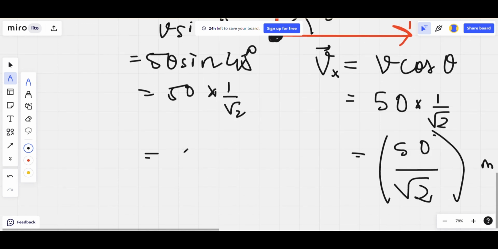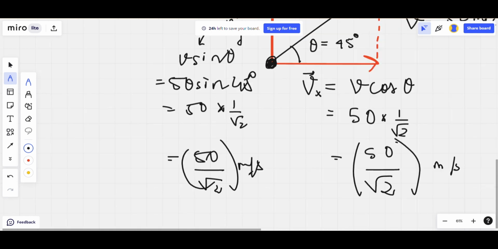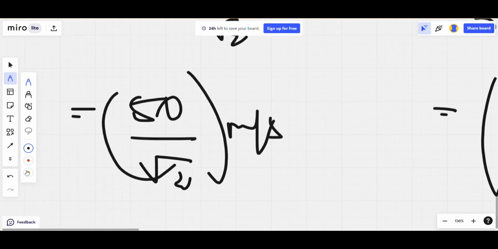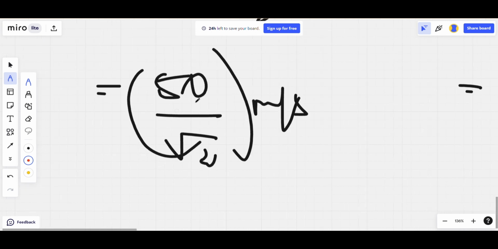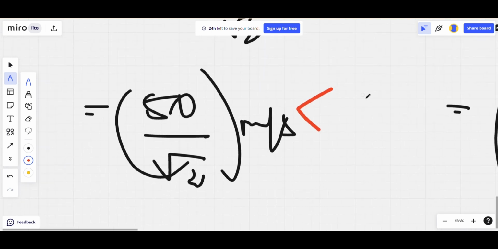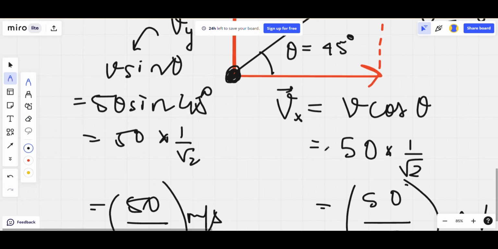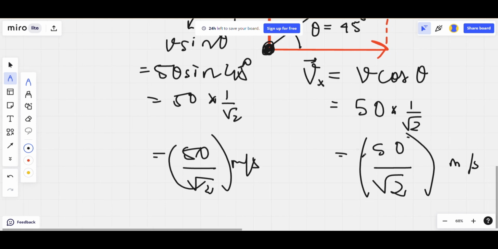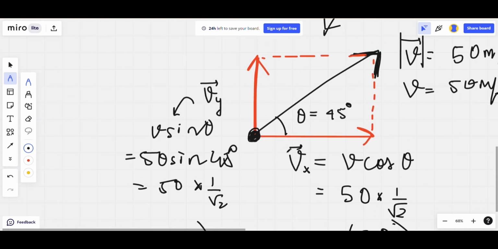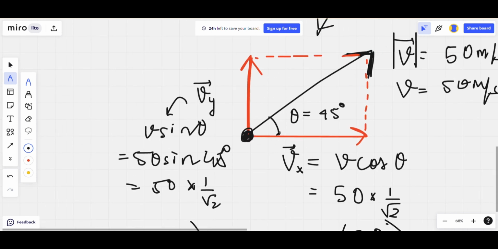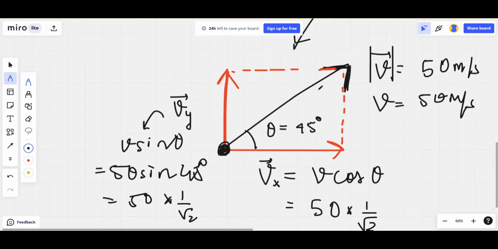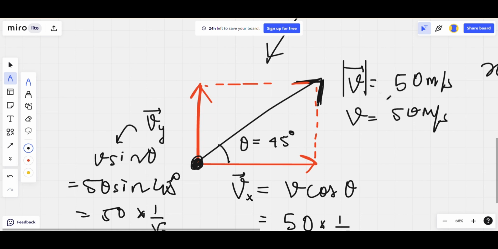This is the same value as the x component. These two values are obviously lesser than 50, which is the main one. So it's the addition of these two vectors which is causing the movement in this direction, which can be defined with a vector whose magnitude is 50 meters per second.